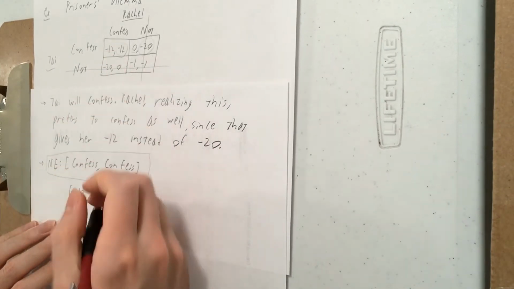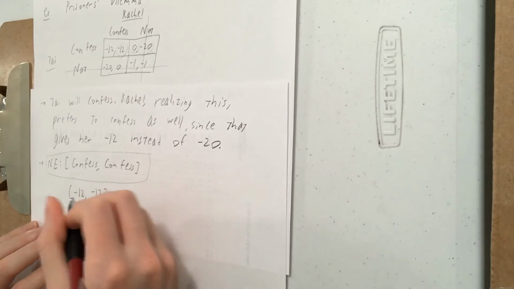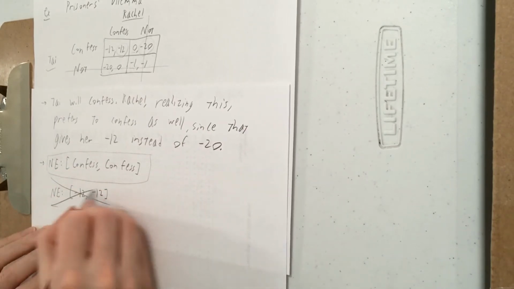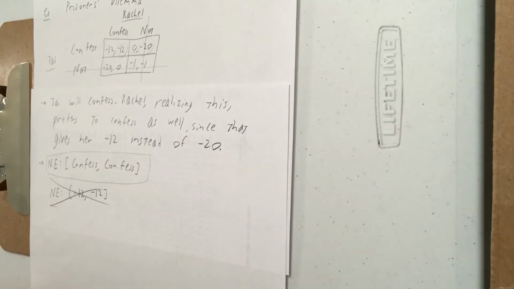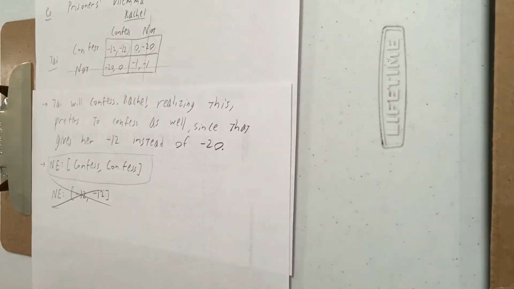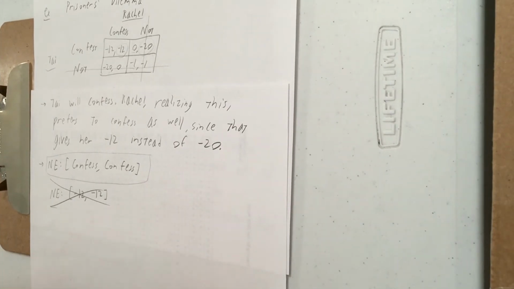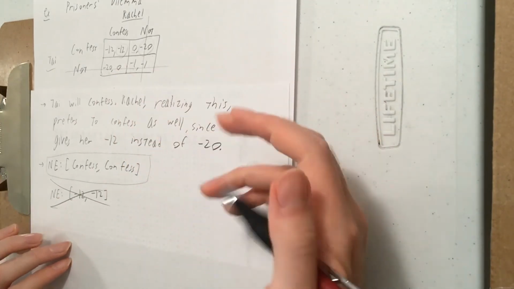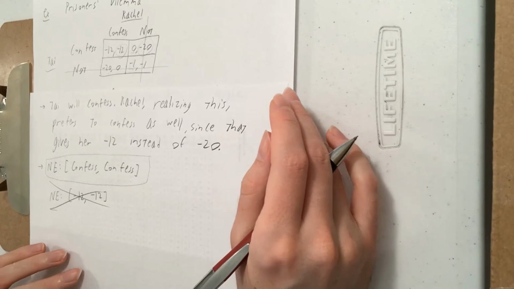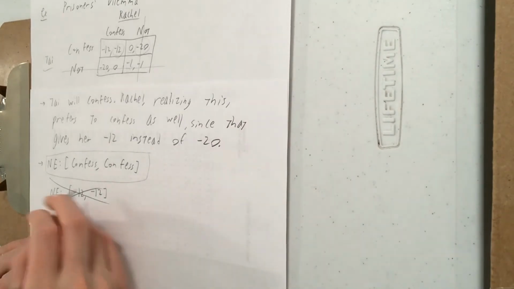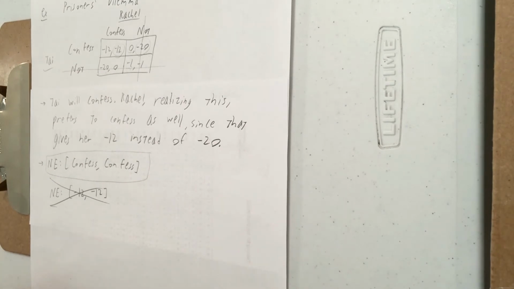So confess, confess are strategies. If you'd written Nash equilibrium -12, -12, that would be wrong. -12, -12 is the payoffs, not the strategies. So always use the strategies, because that's unique; sometimes you get the same payoffs through a different set of strategies, so that's not always unique. That's why it's always strategies, never payoffs in the Nash equilibrium.